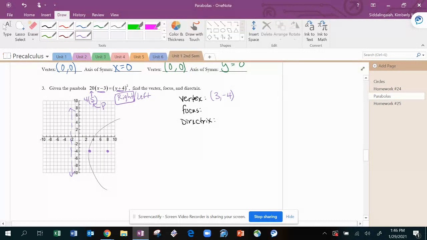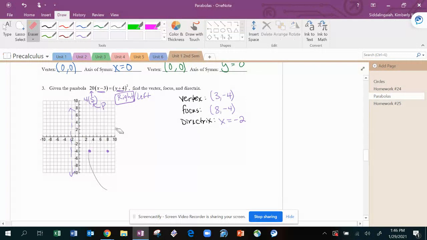Now that I have them drawn on my graph, I'm going to record them off to the side. So my focus is 8, negative 4. And my directrix is x equals negative 2. Remember, that's a line, so it's got to be an equation of either a vertical or a horizontal line.